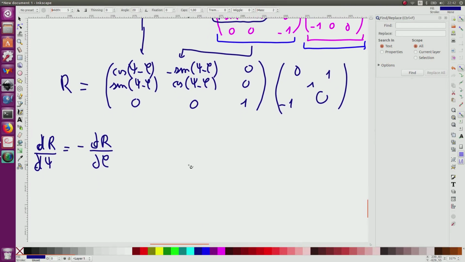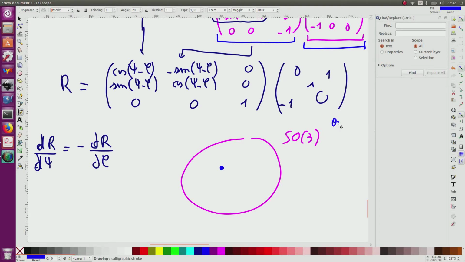Equivalently, it means that in SO3, which is a manifold of dimension 3, I can, if I move for some singularities, made by theta equal pi divided by 2, or as I said, cos theta equals 0.